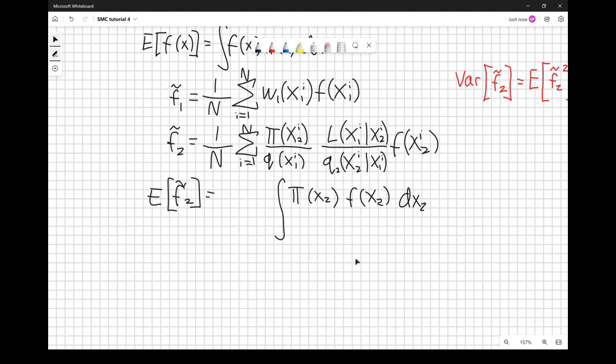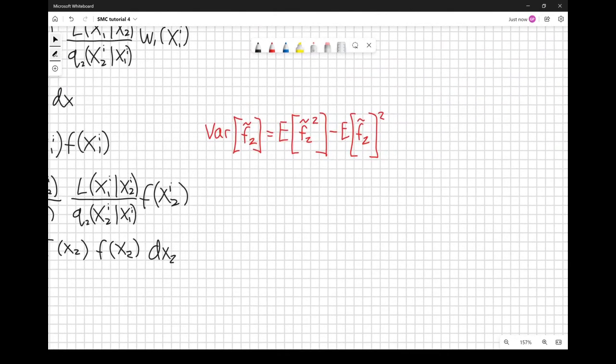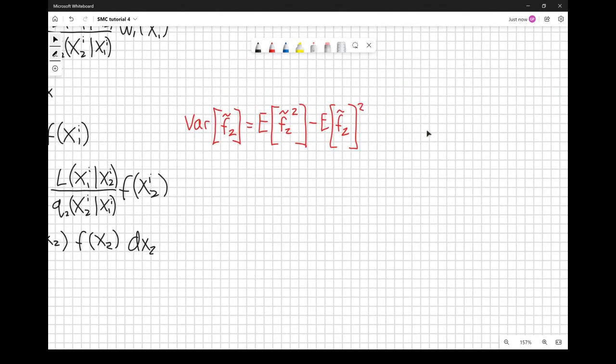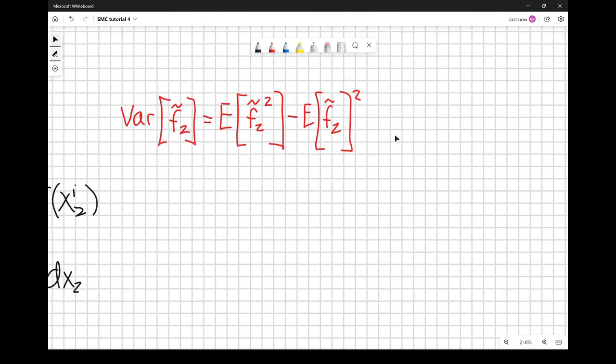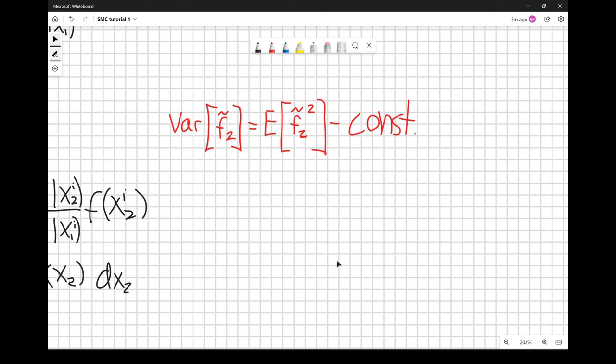So after all of that, what we've discovered is that this second term that we're looking at, the expected value of our estimate at iteration 2, is not a function of the L-kernel. So let's get rid of it, basically. We're going to say that that is just some kind of constant, because it doesn't change with the L-kernel.